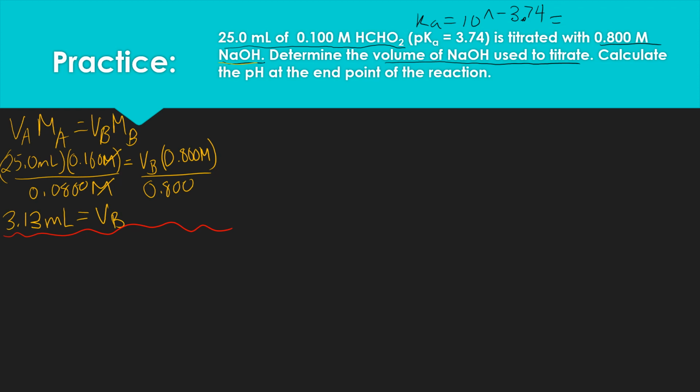We do the volume in liters times our molarity. So for our acid, 0.0250 liters times 0.1 molar gives us 0.0025 moles of our acid.